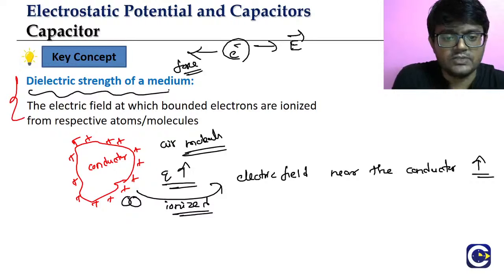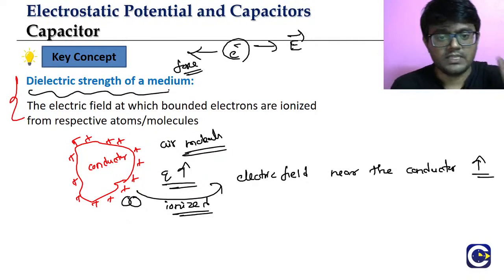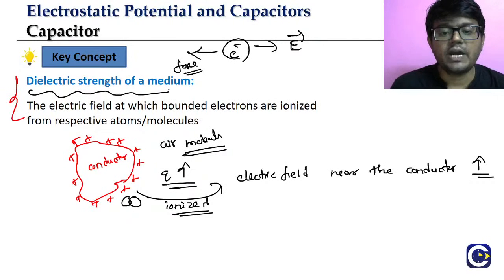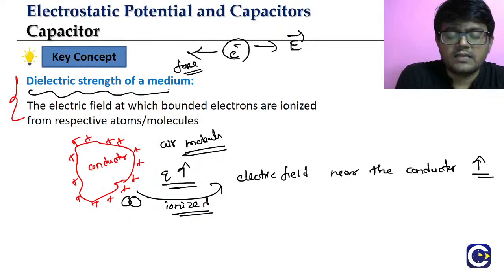That procedure we call photoelectric emission. Photo means light, because we are incidenting light and electrons are coming out. But here it is field emission, because the field is so high near the surface of the conductor that the atoms or molecules of the surrounding medium are getting ionized.